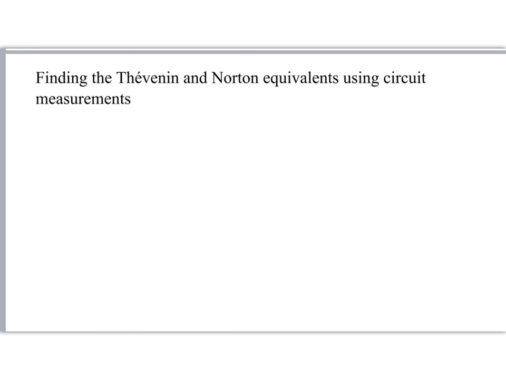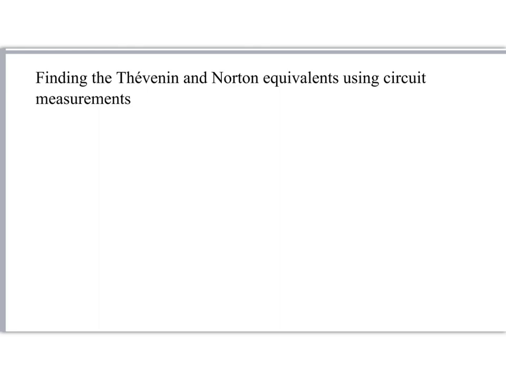And finally, in practical situations, it sometimes happens that you cannot measure a short circuit current or an open circuit voltage. Then what you can do is find the Norton and Thevenin equivalent circuits using a variable resistor.